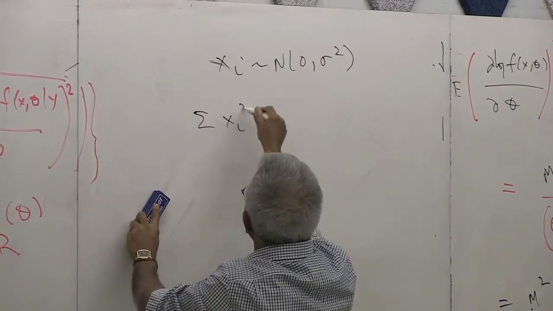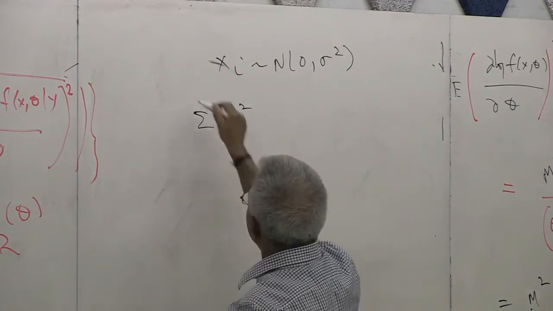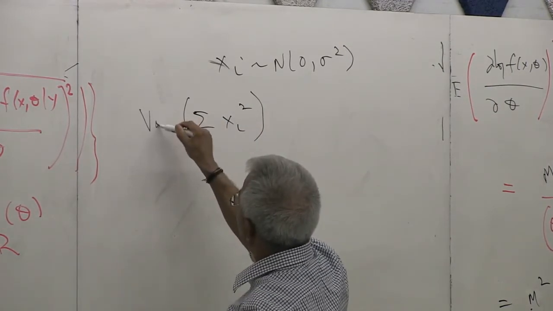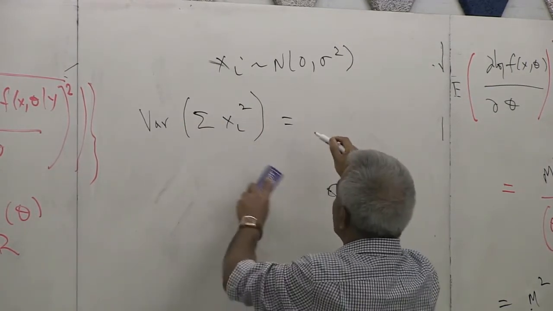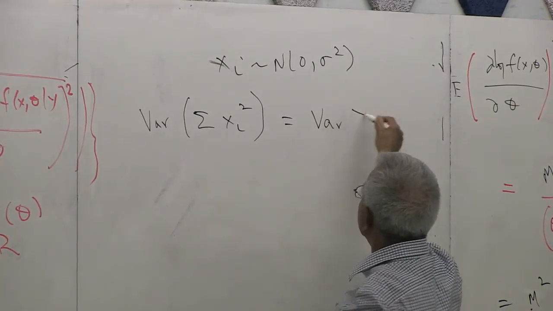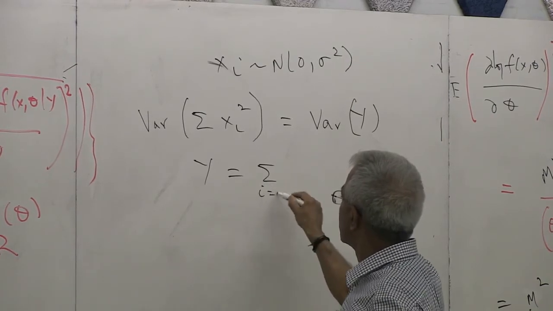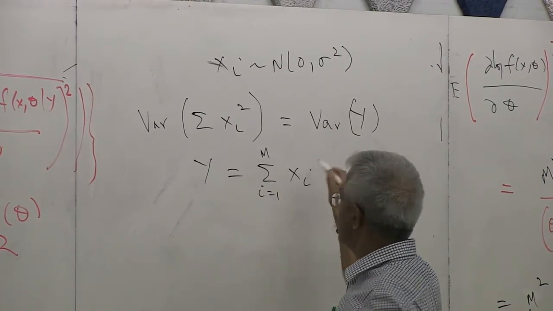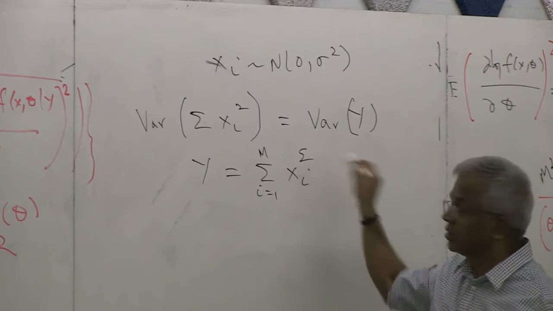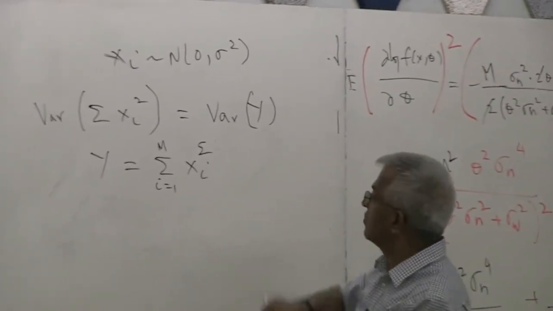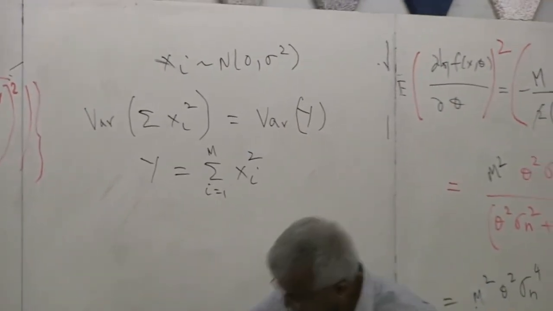So how do you compute this quantity? I want the variance of this quantity. So let me call this quantity y. So this is true, right? y equals, I'm defining y to be this quantity.